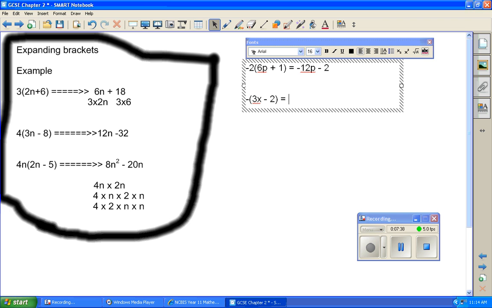We can still do this, can't we, Laura? The thing about this is there is actually a number behind it. It's negative 1. So if we remember that, we'll be okay. When I multiply this out, I should get negative 3x, and minus 1 times minus 2 is positive 2.